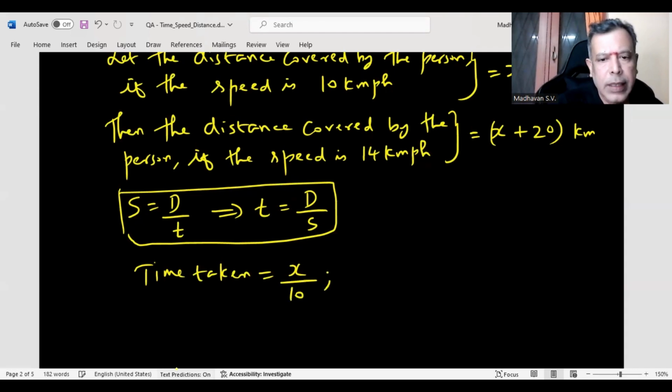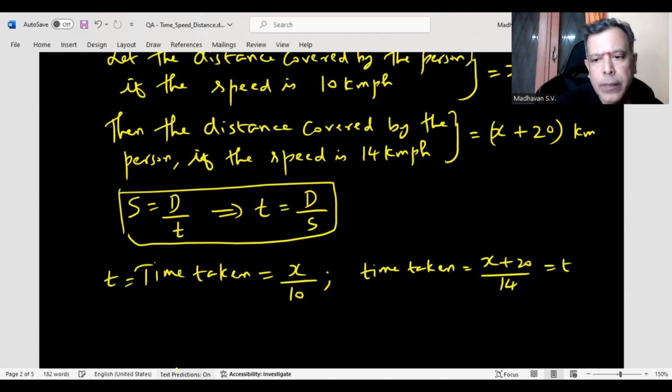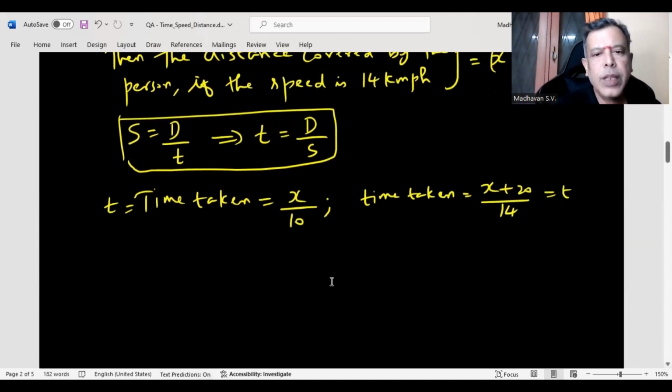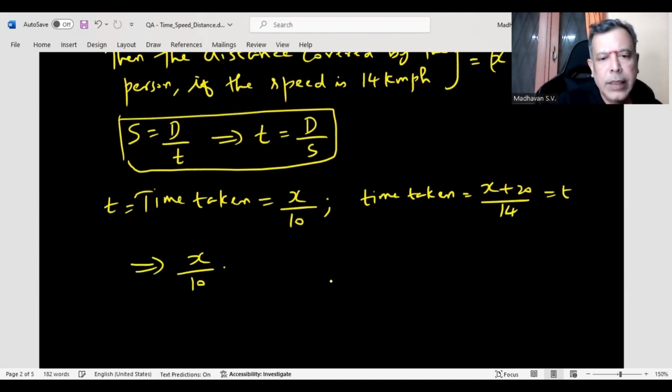And again, time taken based on the second one, we have x plus 20 divided by 14. So this is also t, this is also t. So let us equate these two. T implies that x by 10 is equal to x plus 20 divided by 14.